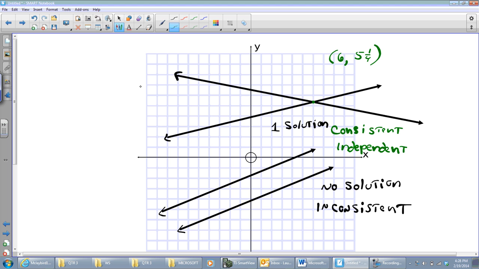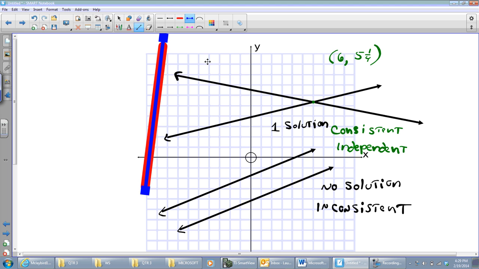And there's that possibility that Zach Ingram mentioned, and that's when we have the same line graphed twice, where it's actually the same line on top of itself. In that case, there's an infinite number of solutions.